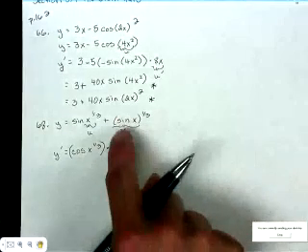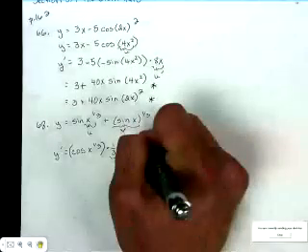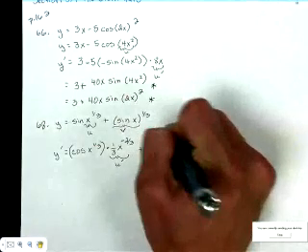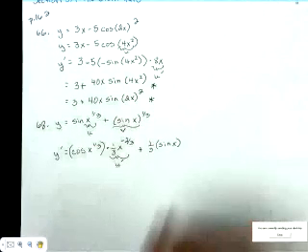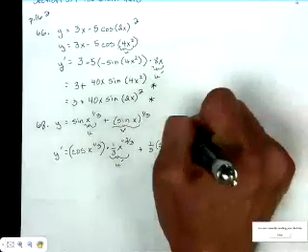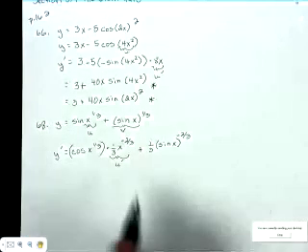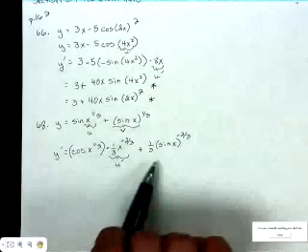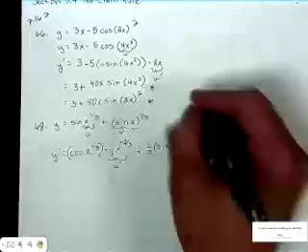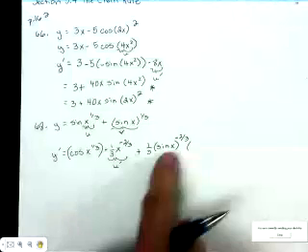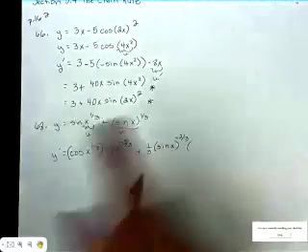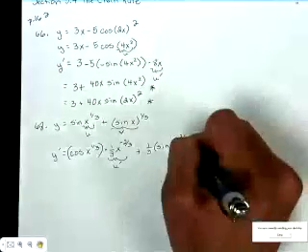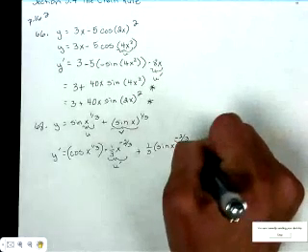The derivative of v to the 1/3, bring the exponent out front, 1/3 sine x to the negative 2/3, because I'm just treating that as an ugly. Derivative of v to the 1/3 is 1/3 v to the negative 2/3 times the derivative of whatever v was. The derivative of sine x is cosine x. That's the derivative of v.